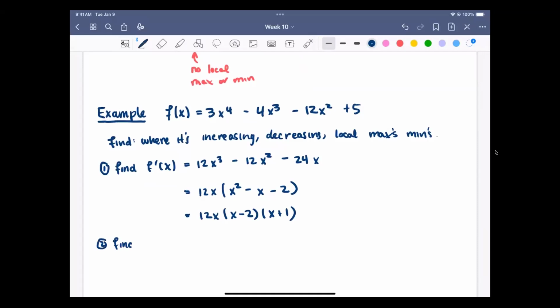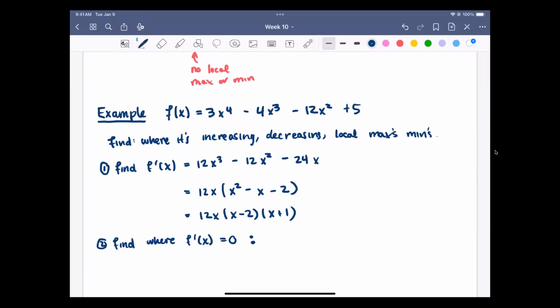So find where f prime of x equals 0. Okay, now that we have this factored, we can just eyeball where this is 0. It'll be when any one of these factors is 0. So if x is 0, then this will be 0. If x is 2, then everything will be 0.